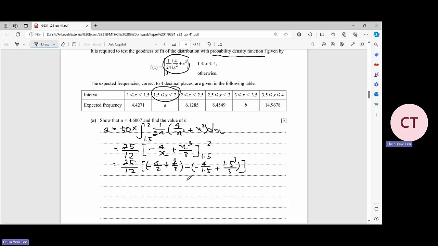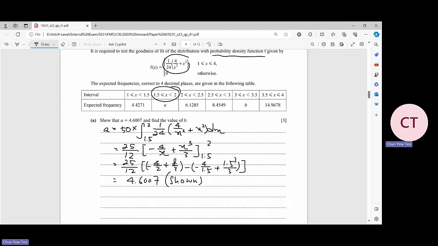Just do like that, then press the calculator directly, and you can see that your answer will be 4.6007 as shown. They want 4 decimal places.